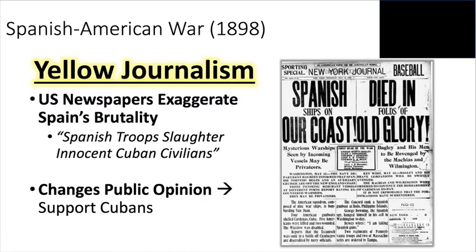People died in the folds of Old Glory." That's referring to the fact that people died covered in the American flag, and really getting people in the U.S. so angry and juiced up that the calls for war with Spain just get louder and louder. And there's a lot of public pressure on the U.S. government to declare war on Spain.